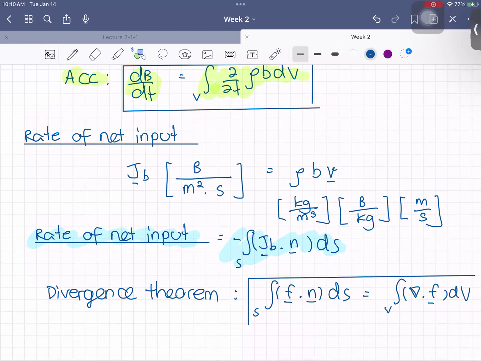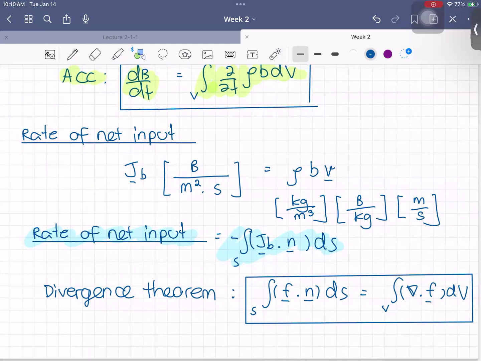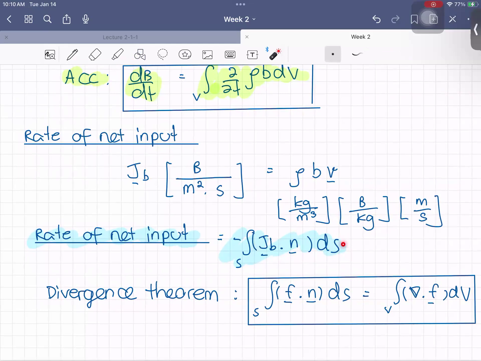So we're going to apply the divergence theorem to this equation to transform this whole term with respect to area into a term in terms of volume. So the rate of net input is going to be equal to negative the integral of del dot JB dV.